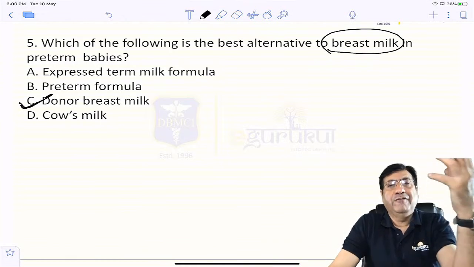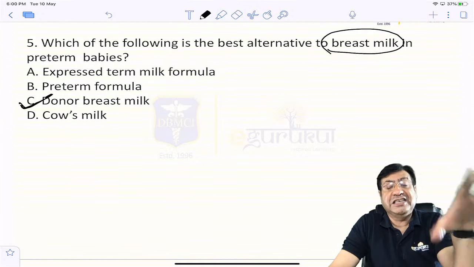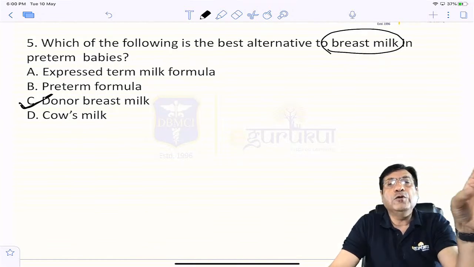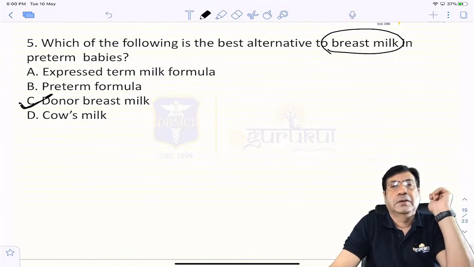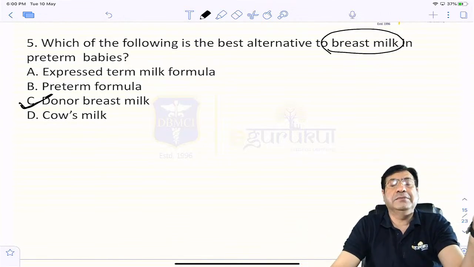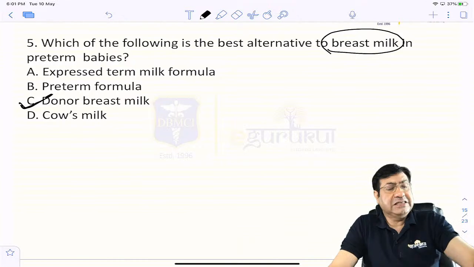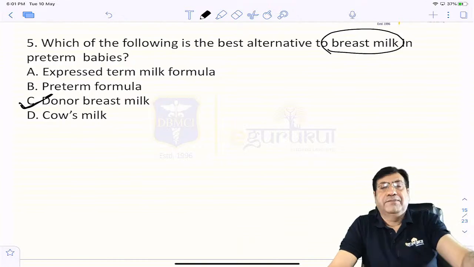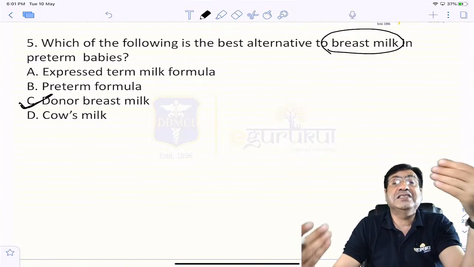That amniotic fluid, which has lot of proteins, vitamins and minerals, which are taken up by the fetus during the later part of its gestation in the intrauterine life, contributes to about 15 to 20% growth during that period. So any fetus who is delivered early, so the child is a preterm child, will not be getting that benefit of the later part of gestation growth, and that is the primary reason. That is the primary reason why the breast milk of mothers who deliver preterm babies is much higher in.